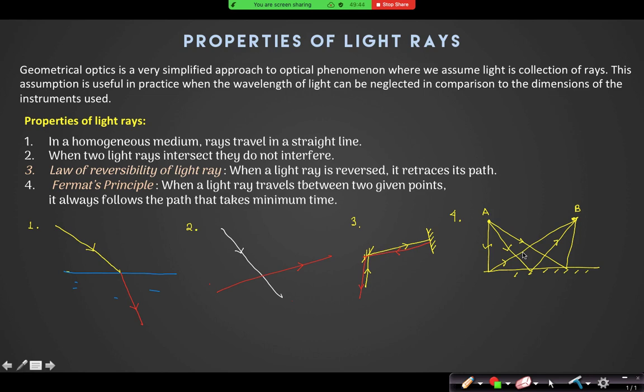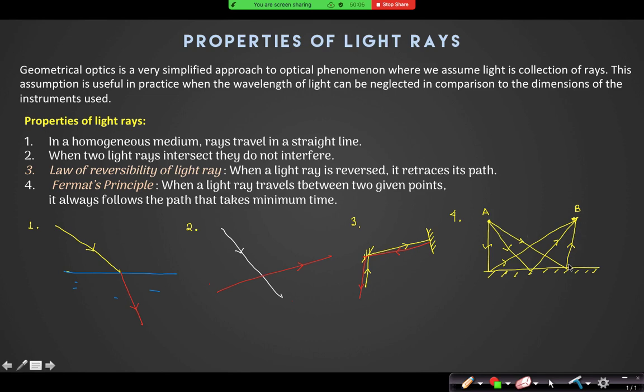By Fermat, and he made that statement: light ray will follow that path that takes the minimum time to reach from one given point to another given point, right? We did not do any mathematics for getting this.